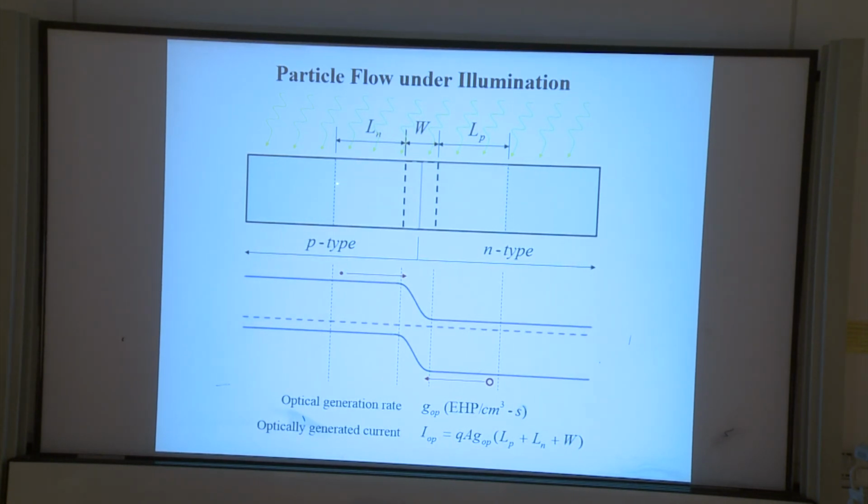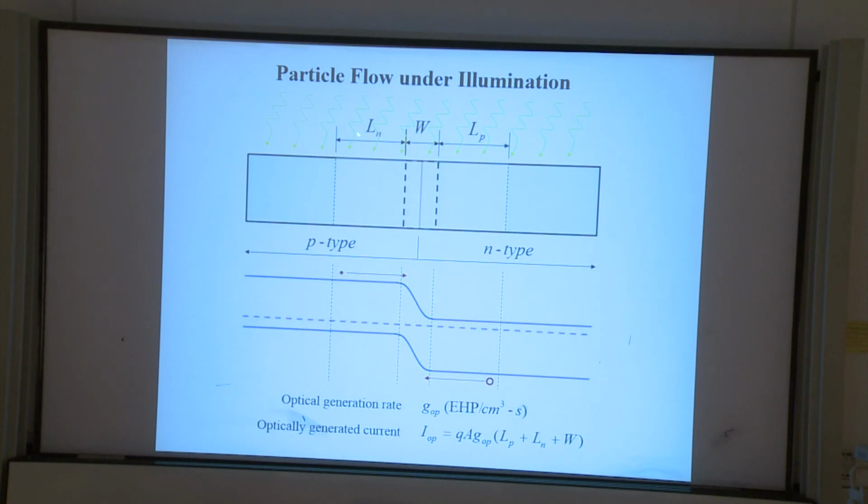So it may not be able to really go across the interface. You need to go across the interface to generate electricity. So this is a characteristic length that the electron can go through in its lifetime.